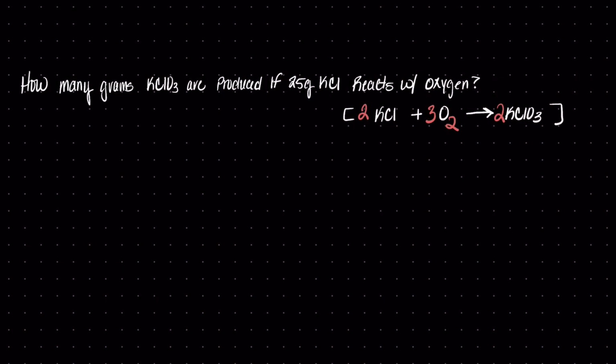So here we go. I'm given the gift of an original substance: how many grams of potassium chlorate are produced if 25 grams of potassium chloride reacts with oxygen. So that, my friends, is substance A. And I'm asked for how many grams of potassium chlorate there are.